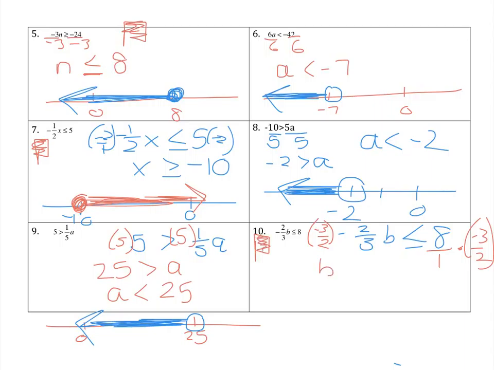That's going to give me b greater than or equal to, let's see, it's going to be 24/2, and it's going to be negative, and 24/2 is 12. So greater than or equal to negative 12. Here's 0, here's negative 12. I need a filled in circle, and b is greater than or equal to is shaded to the right.